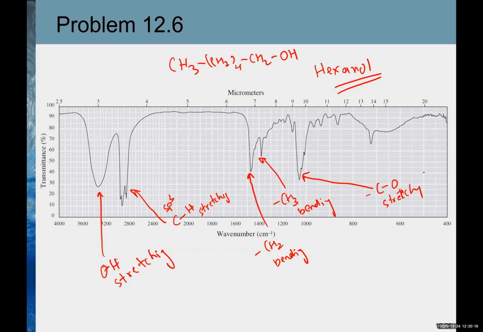So if you see an alcohol spectrum and you are asked to label, you should try to label these peaks. In alcohols, you will have OH stretching, CH stretching, CH2 bending, CH3 bending, and then CO stretching. CO stretching is between 1000 and 1200. In this case it's 1050, but in some other alcohol it may move slightly.